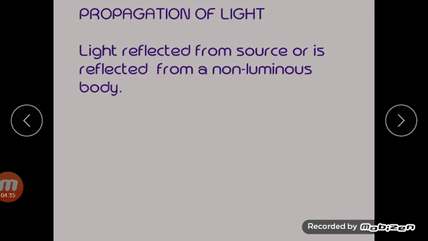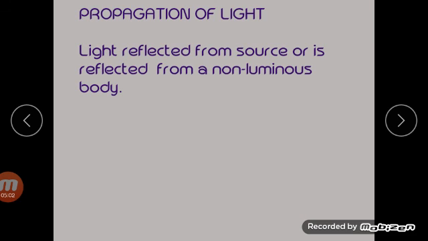We know that light travels in a straight line as long as it is traveling in the same medium. It can pass through a transparent material and partially through a translucent material. However, if an opaque object is placed in the path of light, the light gets blocked.